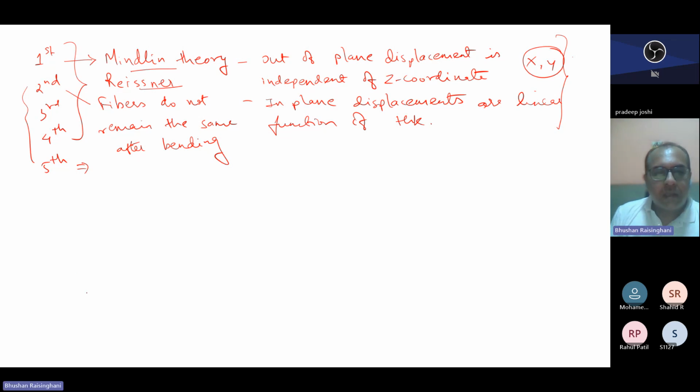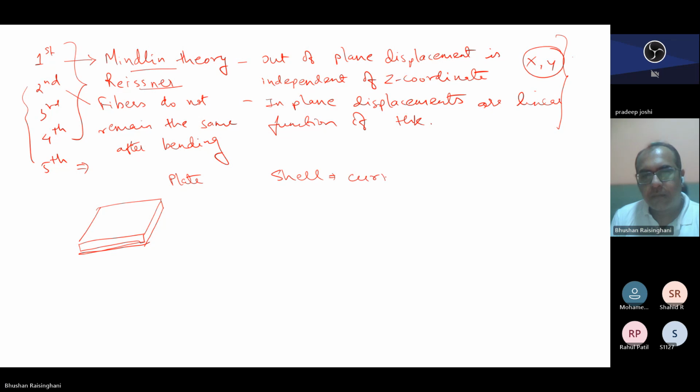So there is another thing. When we had seen the small plate like before, the small plate element I have taken, and when I take a shell, as you had told, the shell is having a curvature, that means it is not a straight element.